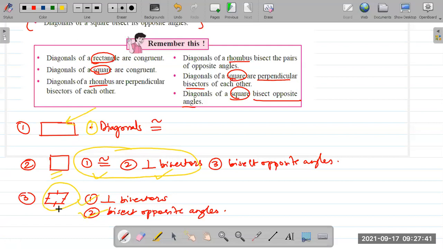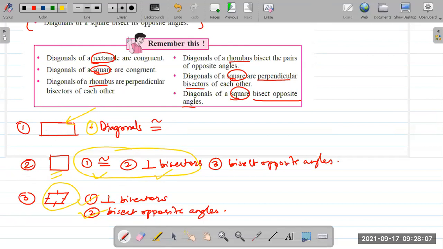Okay, so just by looking at the properties of diagonals, you should be able to identify what shape it is, which quadrilateral it is. Okay, so this is something very important. Mark this in your textbook. Also try to write out points like these to distinguish on the basis of diagonals. Okay, this is just for diagonals.